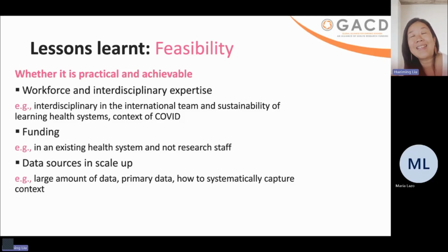The third aspect was around data sources. In scale up, I think it's very tempting to look at context and implementation across the scale, which would result in a large amount of data, and then a consideration of what would be primary data, either survey or interviews, and again, how to prioritize that within the current workforce capacity and funding, and how to systematically capture context in a meaningful way, especially for projects which might have multiple country sites as well.